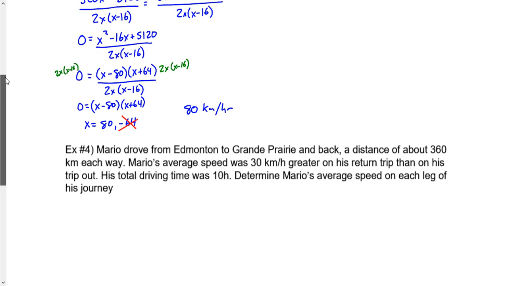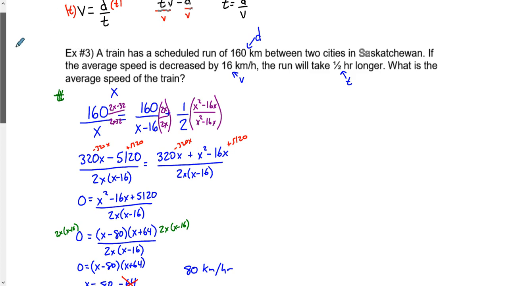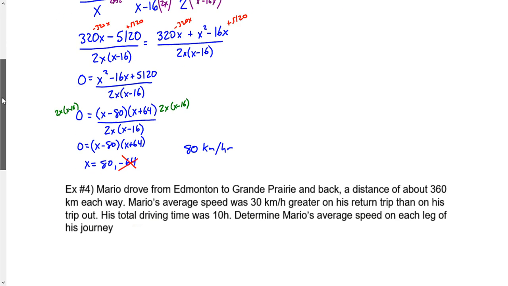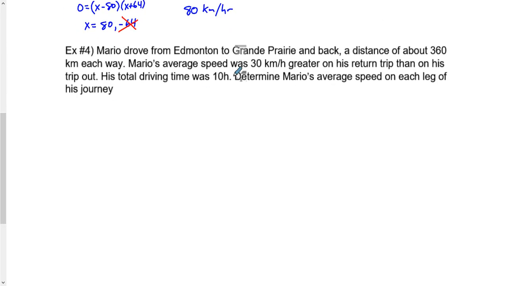So it uses the same kind of principle as what we had done up here. But time is distance divided by speed. Well, our total time here is 10 hours. We're going to have to have a distance divided by speed. So we have two distances. They're both 360. 360 divided by speed.